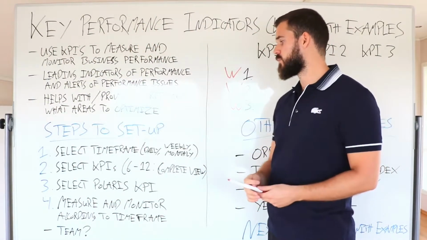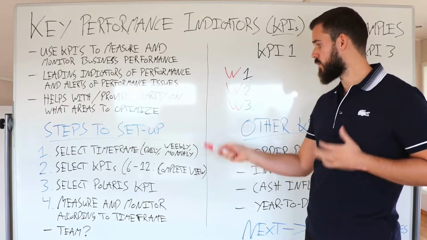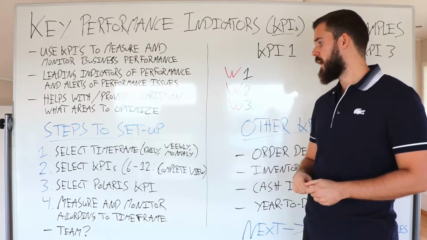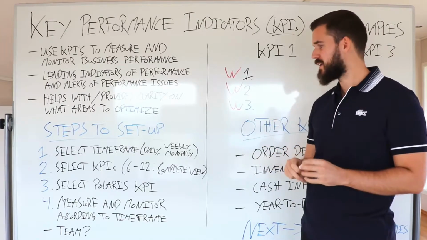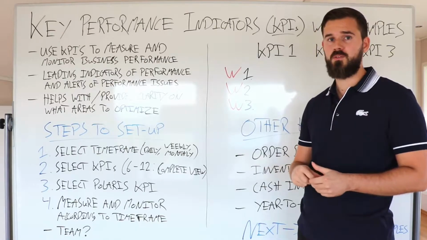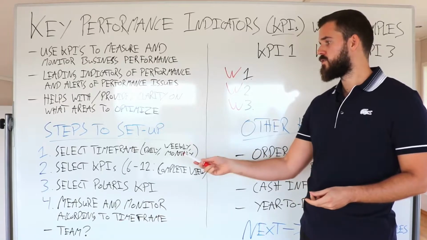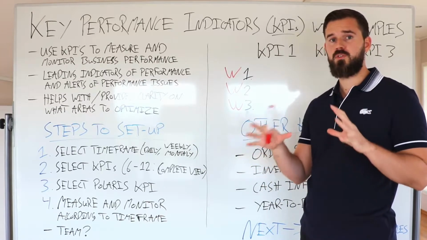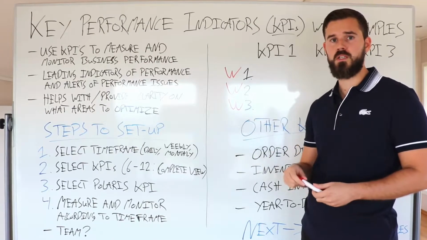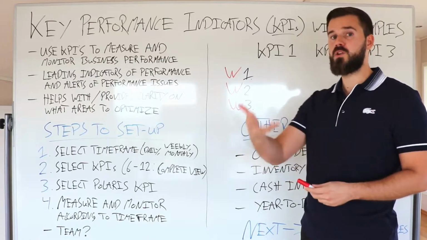we want to select what the KPIs are. So now you're going to select 6 to 12 KPIs. And the key thing here is to make this choice very carefully and very strategically, because not having enough KPIs to really give you enough insight into all the main areas of your business is a problem.